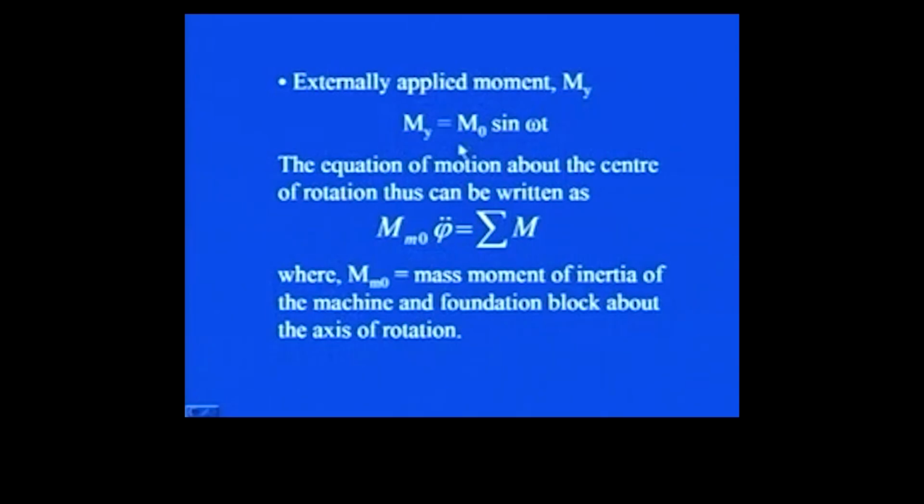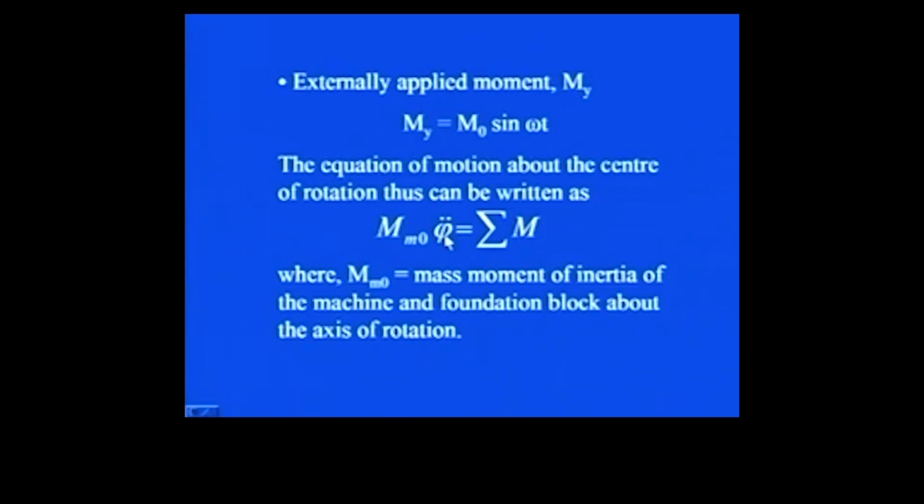Then, the externally applied moment is M_y, which is M naught sin omega t. So, the equation of motion about the center of rotation can be written as M_MO phi double dot is equal to summation of M, which gives you the summation of all the moments. You must be wondering why it is not z double dot here.